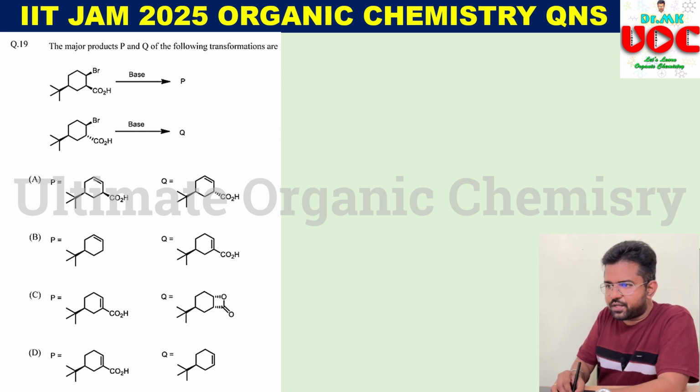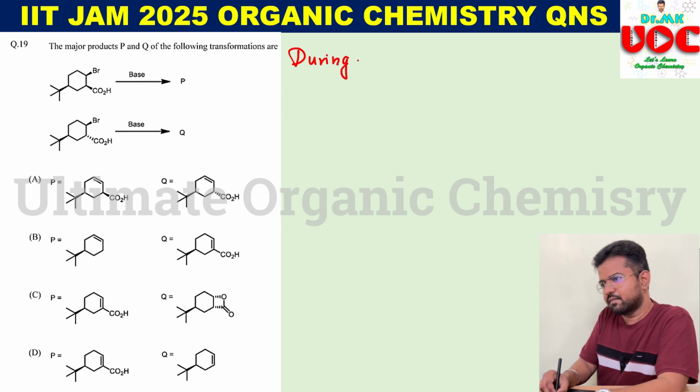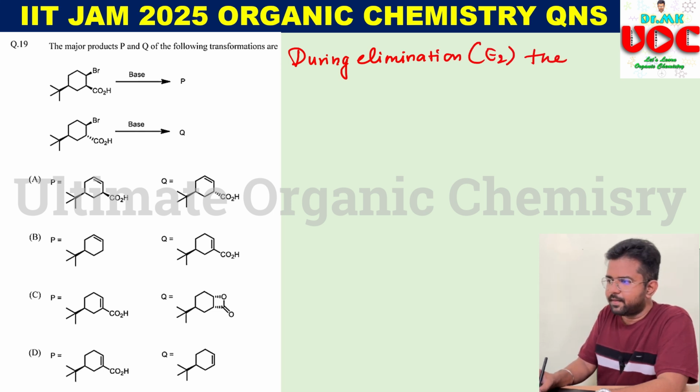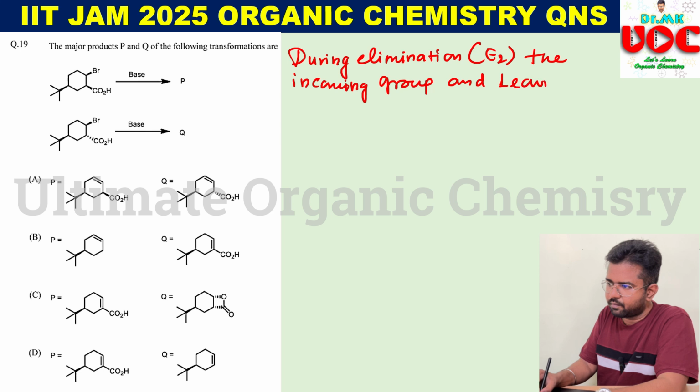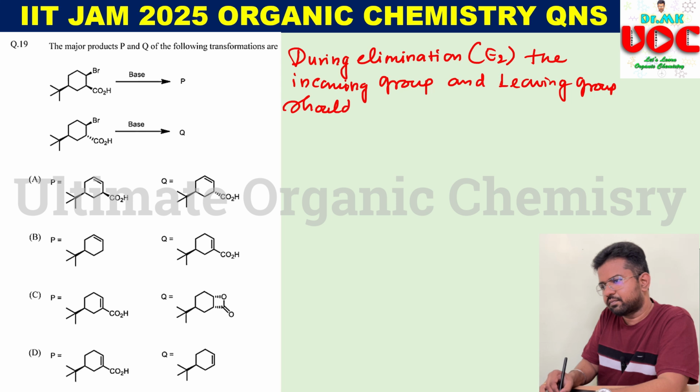The major products P and Q of the following transformations are. This is an elimination reaction. You know that during elimination, especially in the E2 elimination case, the incoming group and leaving group should be antiperiplanar.